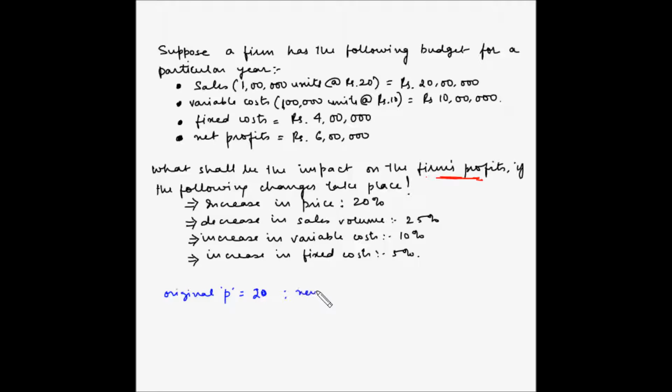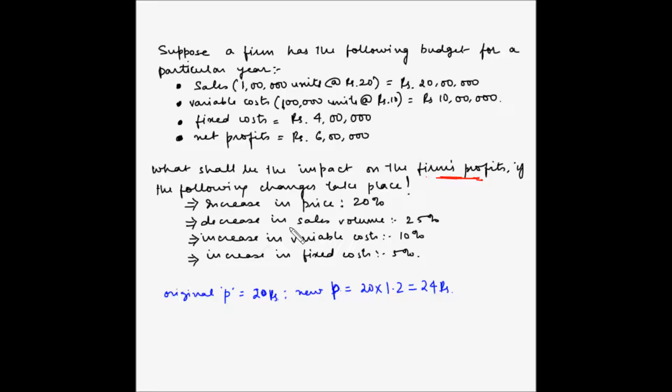So the new sales price, P, will be equal to 20 multiplied by 1.2. So this becomes 24 rupees.